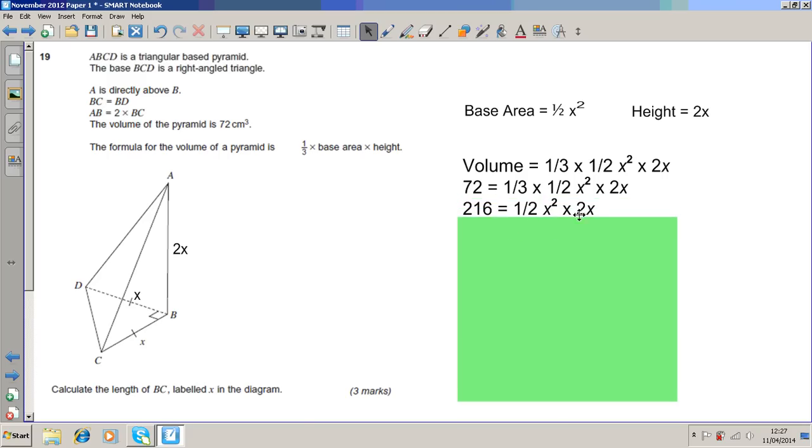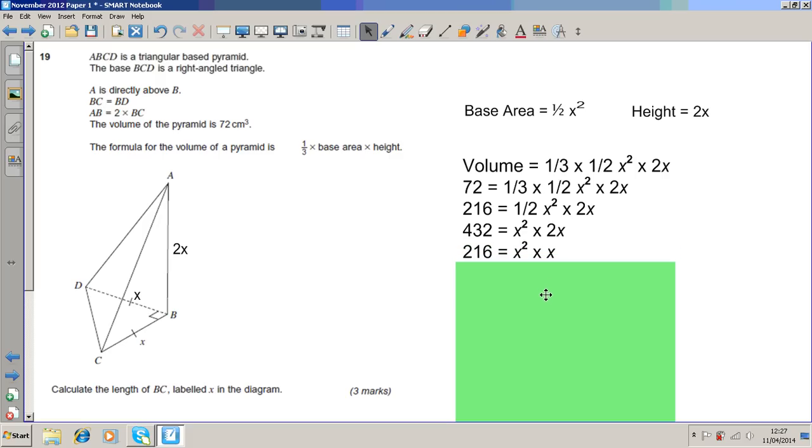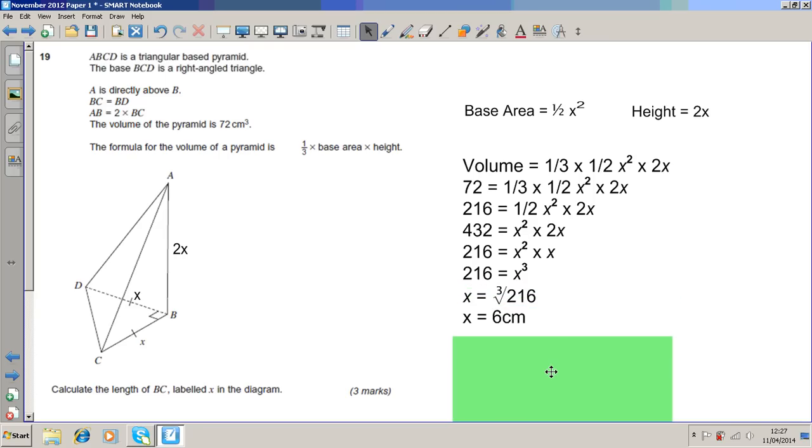And then half times by 2, keep it the same, so I could just get rid of them, but I'm going to get rid of the half by times by 2, and then get rid of the 2 by dividing by 2. So I get left with 216 is x squared times x, which is x cubed, and the cubed root then of 216 is going to be 6. So my answer is equal to 6.